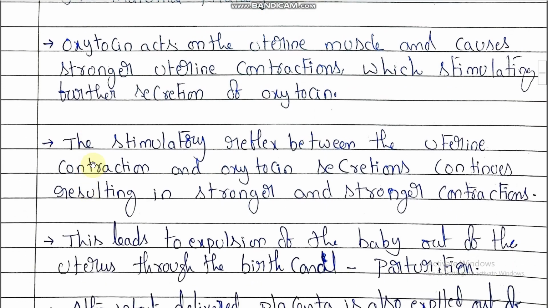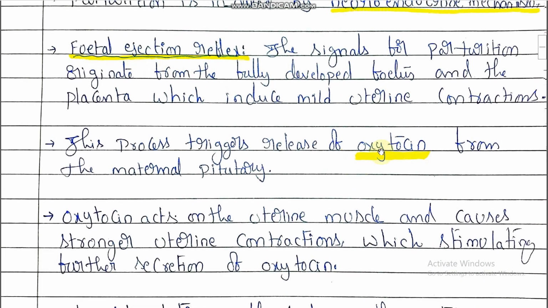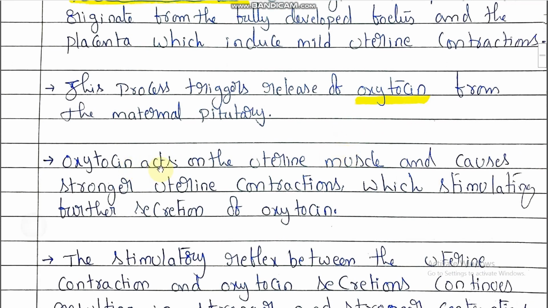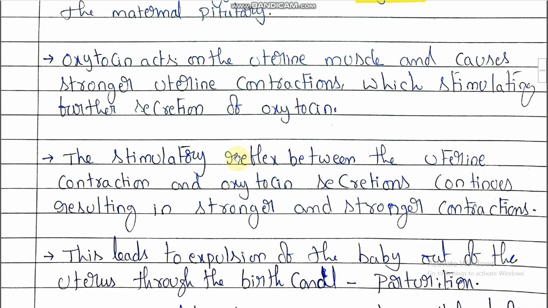And next, the stimulatory reflex between the uterine contraction and oxytocin secretion continues, resulting in stronger and stronger contractions. Here, first mild uterine contraction occurs by the fetal ejection reflex, and after that oxytocin is released. Oxytocin acts on the uterine muscles and causes stronger uterine contractions.